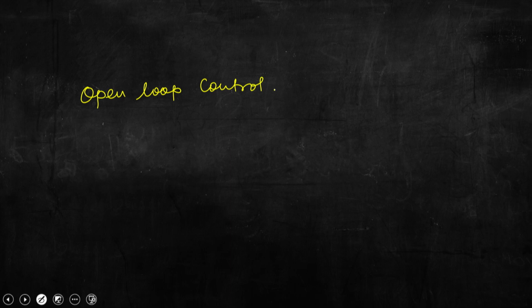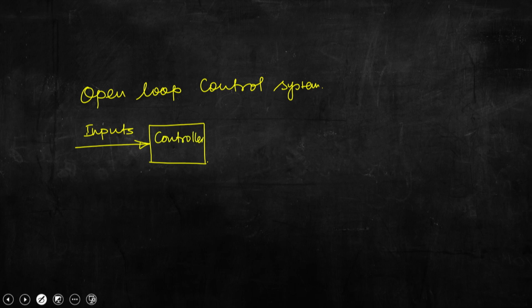So, if we try to redraw the open loop control system or unit, then we know that we have inputs, this is the controller, essentially electronic control unit, then this controller or these controllers provide outputs to the plant.